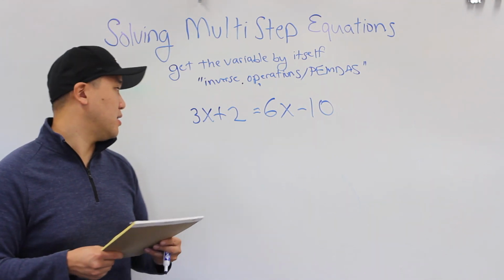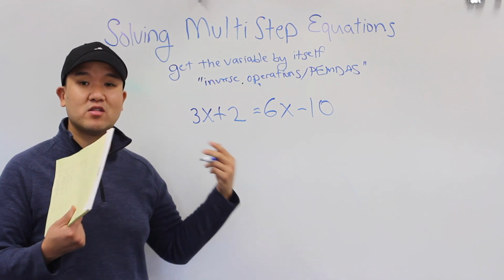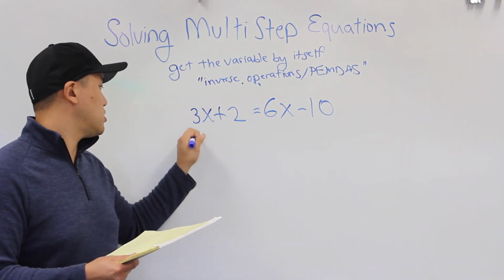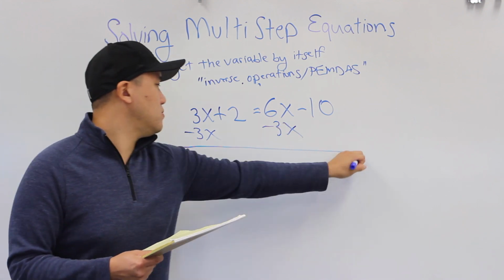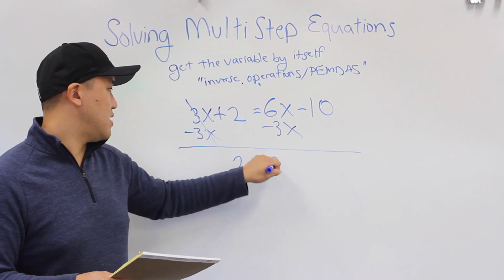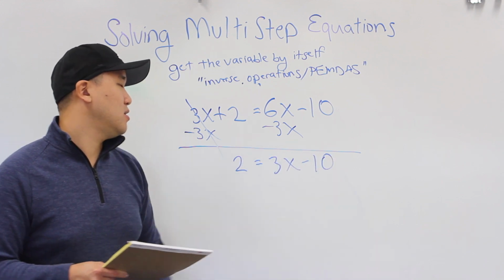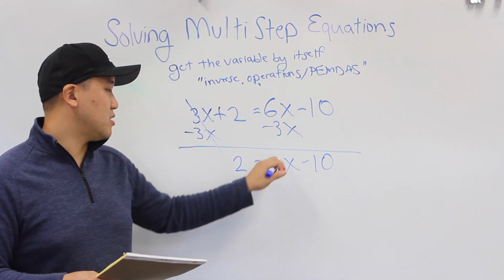Alright, let's check it. It doesn't matter which way you move it. I'm going to move the 3x to the other side so we don't have to deal with too many negatives. So if I subtract 3x here, that cancels. You have 3x minus 10. See how it lined up? I put like terms together. Now your goal is to get this guy by itself.